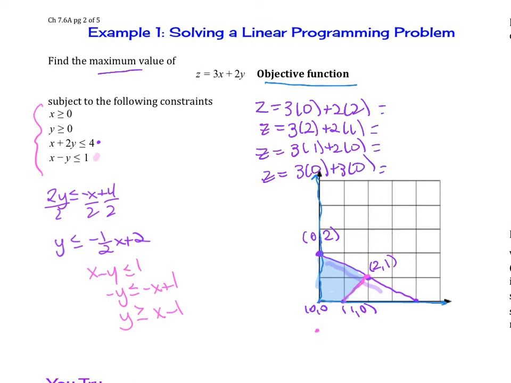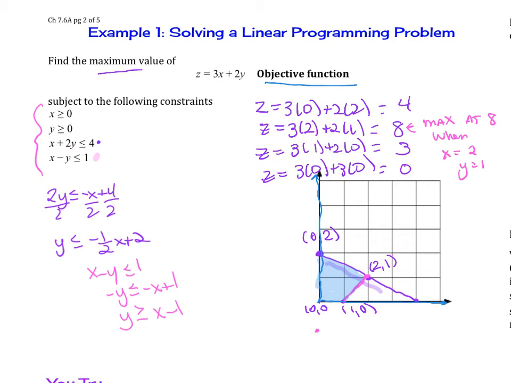So for the maximum value, we have 4, this is 6 plus 2 is 8, and then 3, and then 0. So therefore, we have our maximum value here at 8. Max at 8 when x equals 2 and y equals 1.